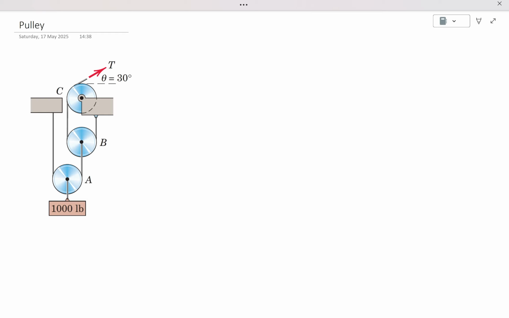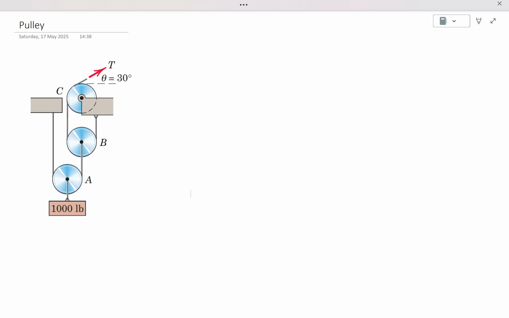I want to stress several things on pulleys during the solving of these problems. When you have a problem like this, what you need to see first is where the load is, and then starting from this load, you try to solve the other pulleys.